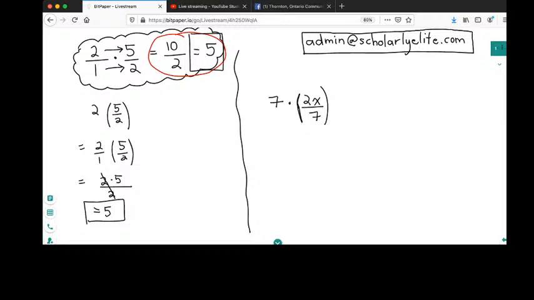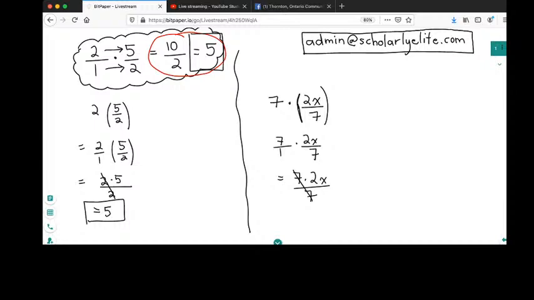When I go ahead and change this into 7 over 1 times 2x over 7, I can rewrite this like this: 7 times 2x over 7. And these 7's cancel out, and I'm just left with 2x.